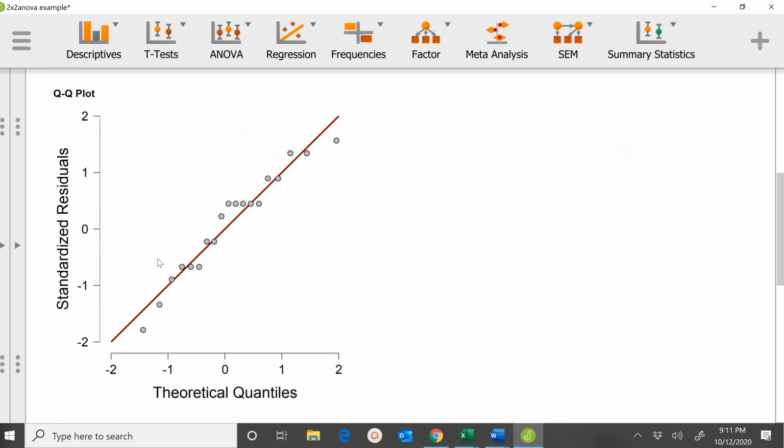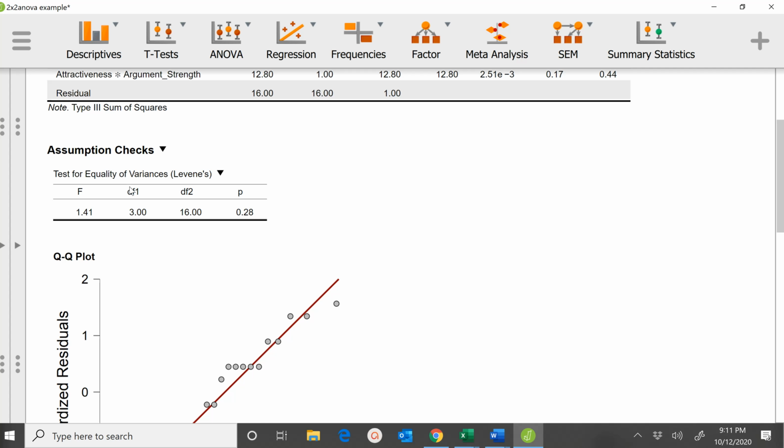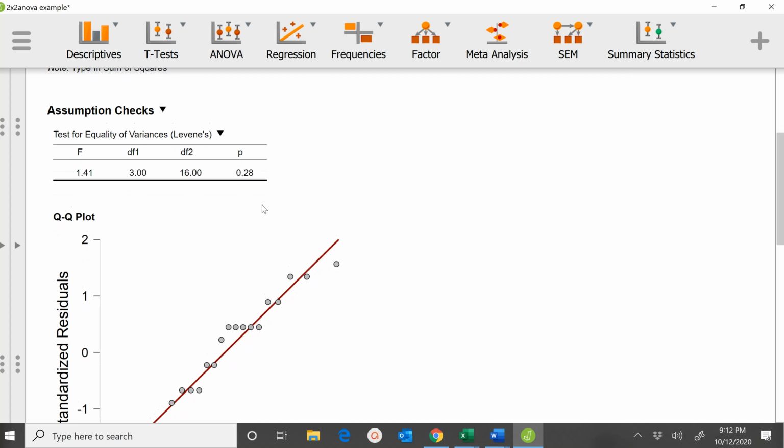The p-value for the test for equality of variance or homogeneity of variance is 0.28, which is high. We want that p-value to actually be high because if that's lower, it means that we violated that assumption. For now, we're going to assume that we have not violated that assumption, although I should note that the sample size is quite small, so it would be tough for this p-value to show up as statistically significant.